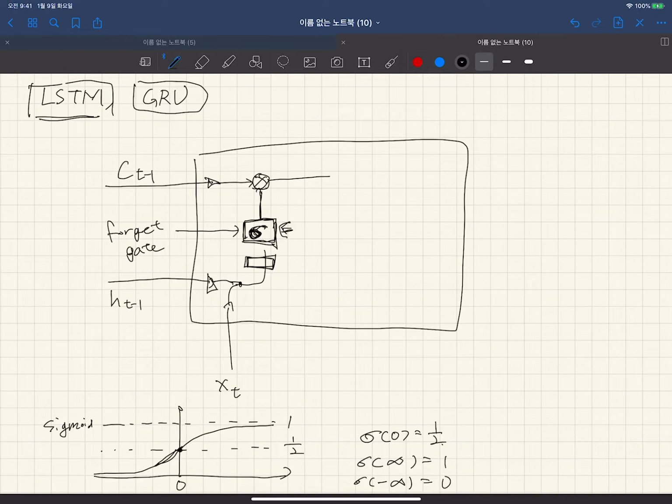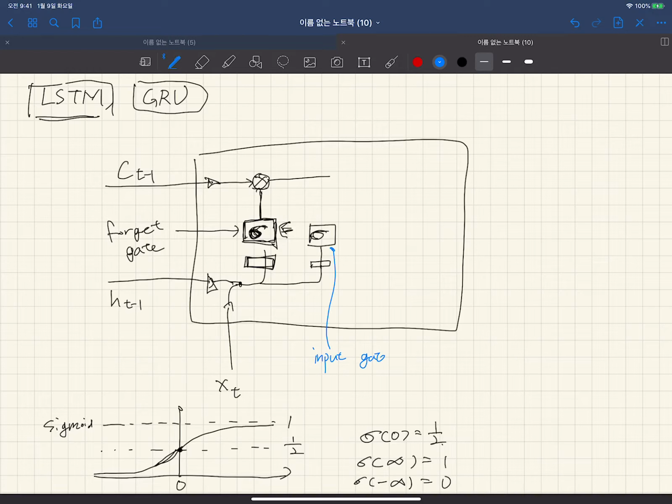And also ht-1 and xt control another gate with some parameters. This is called the input gate.